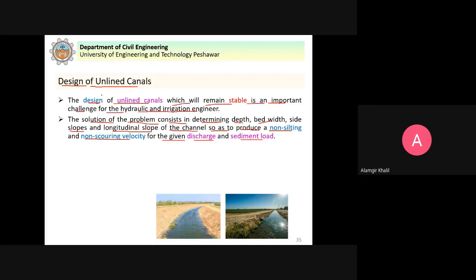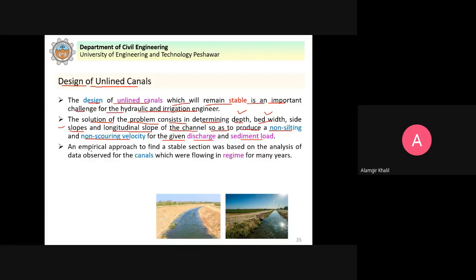An empirical approach to find a stable section that will be non-silting and non-scouring was based on the analysis of data observed for canals which were flowing in regime.